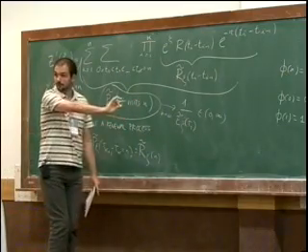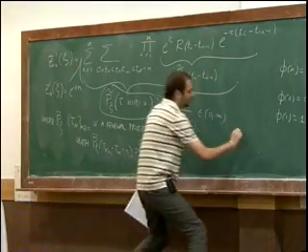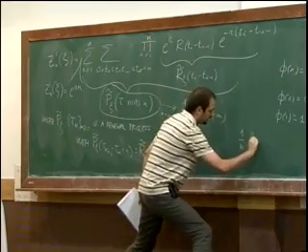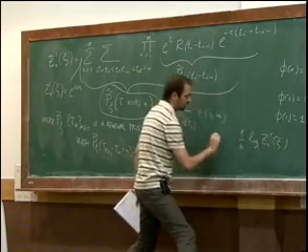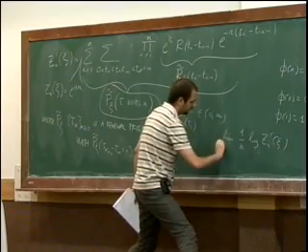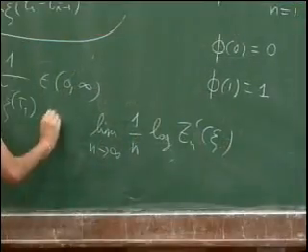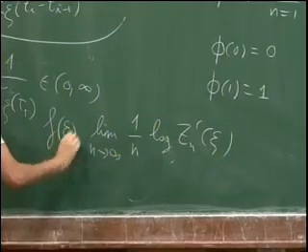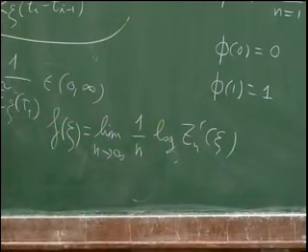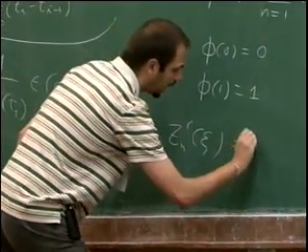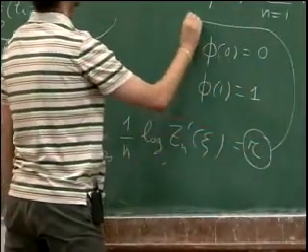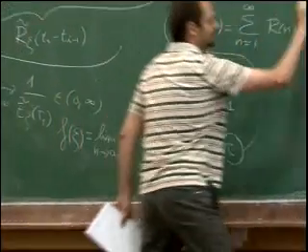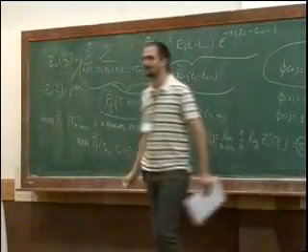This is a constant, it disappears. So in particular, the limit as n goes to infinity of 1 over n logarithm of Z n c of zeta, which is just the free energy, is exactly r, where r is the solution of this equation.